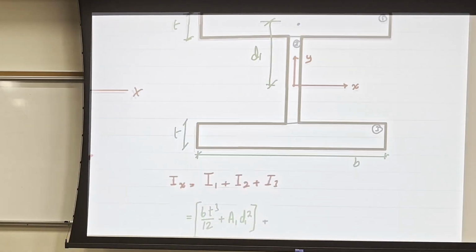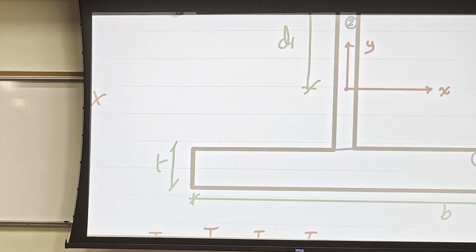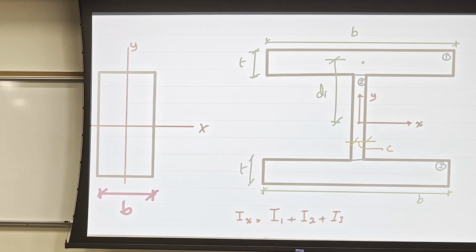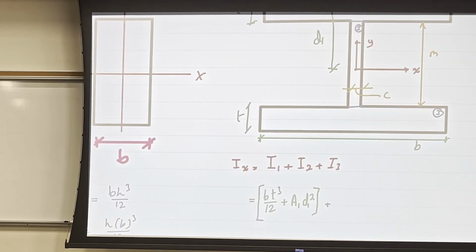I didn't give a dimension, so let me say this dimension is C, just like using any symbols here, and the height of it, let me call it M. So the moment of inertia for area 2 is going to be C M cube over 12. Is that enough?